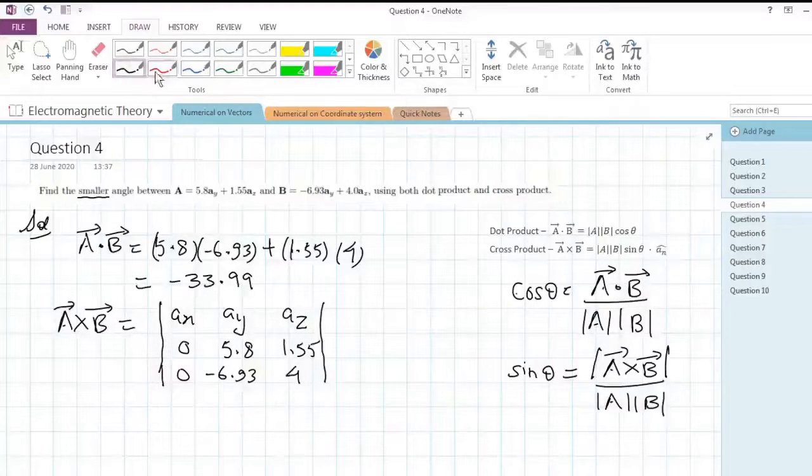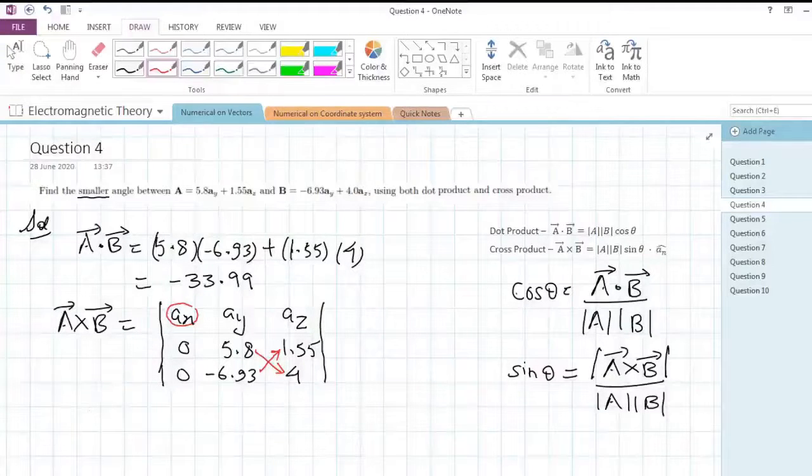Now, we know that in finding the cross product, we fix one coefficient, and by fixing this we'll find the cross product of this submatrix. So first we multiply the left top element with the bottom element, and then we multiply the bottom element with the right top element.